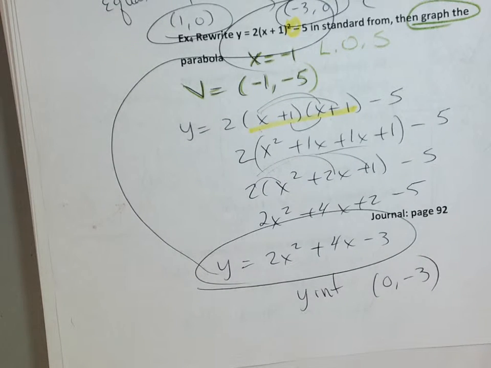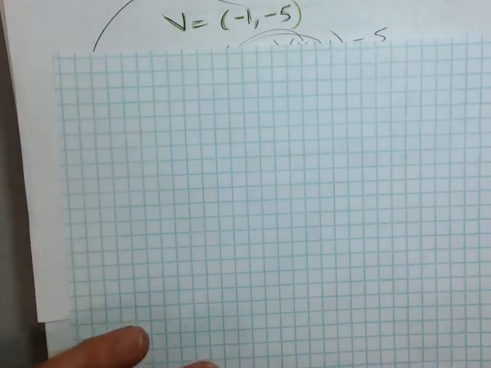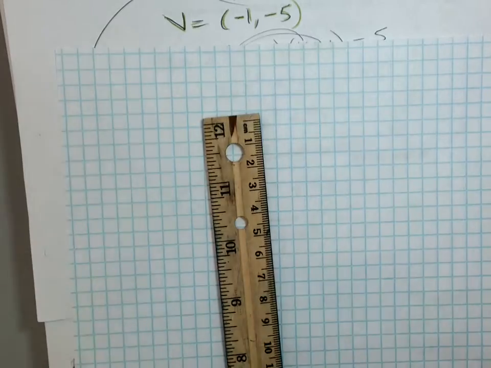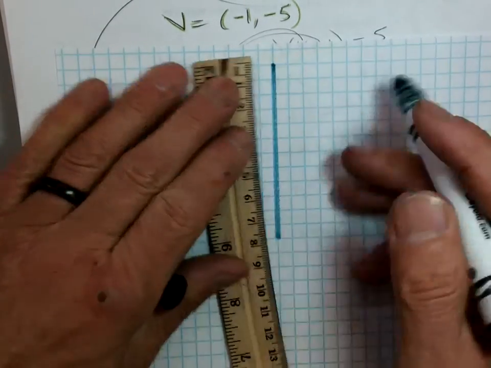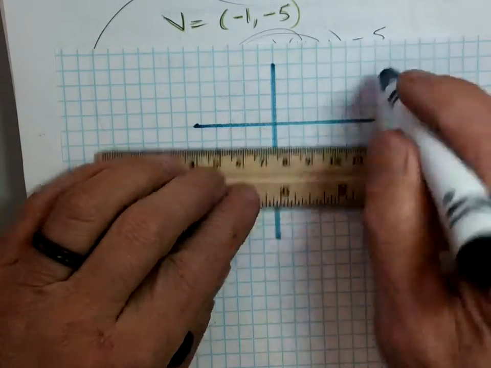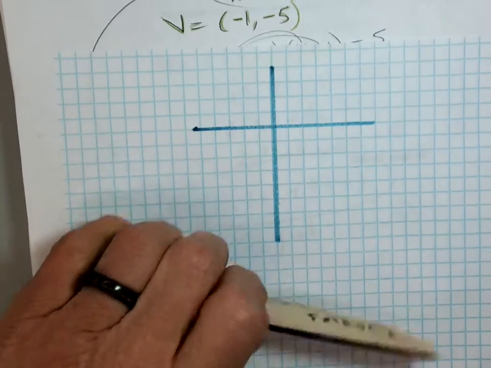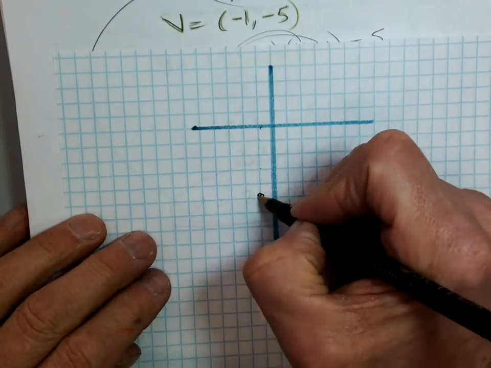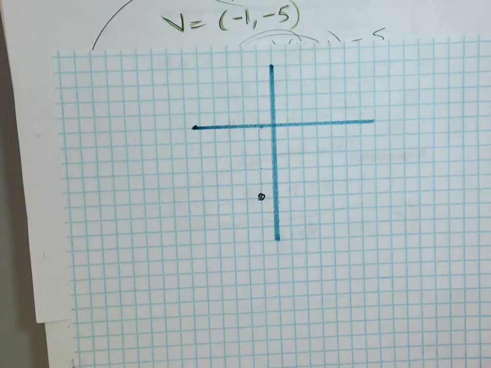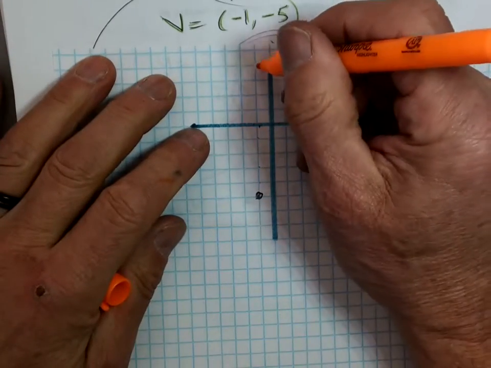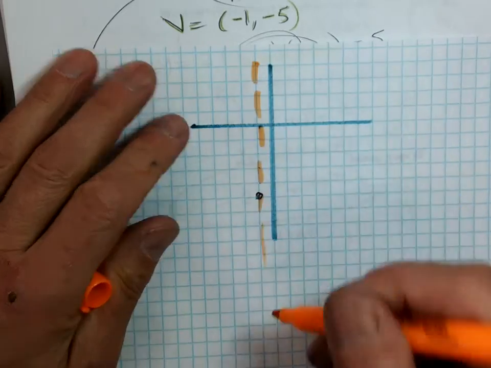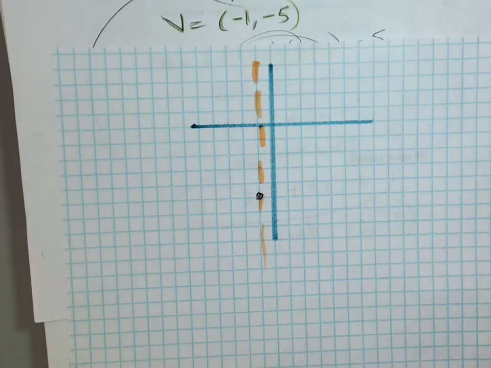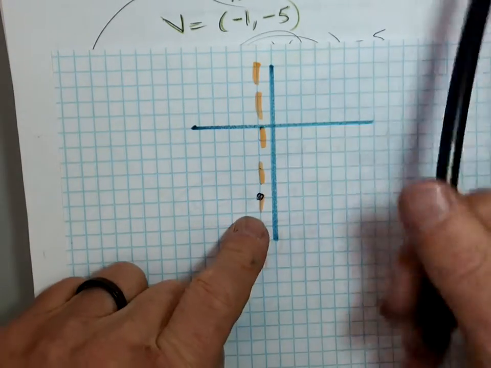So now if we have to graph it, let's see what we have. Let's put down my xy axis. Let's graph this. I have a line of symmetry. I have a y-intercept at 0, negative 3.